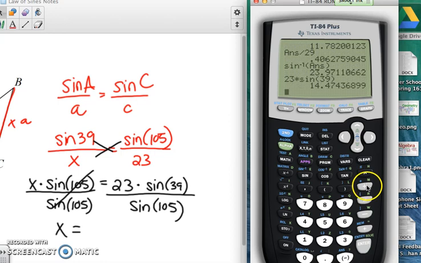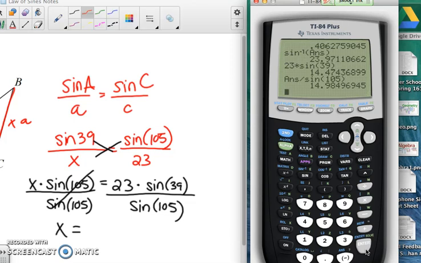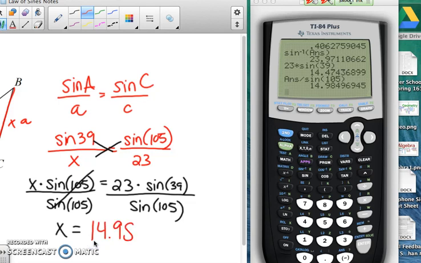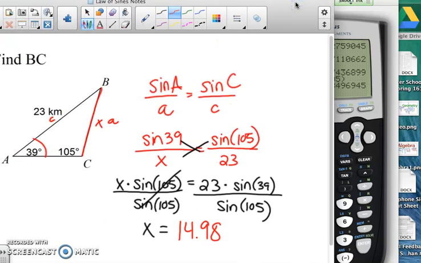Okay, and then we are going to divide it by the sine of 105. So my final answer should be 14.98. And then let me look back to see what our units are. We're in kilometers.